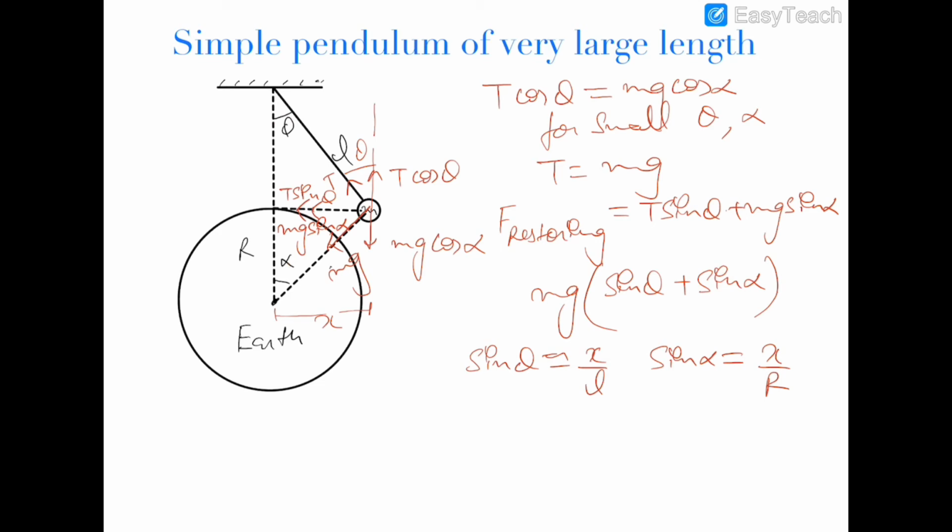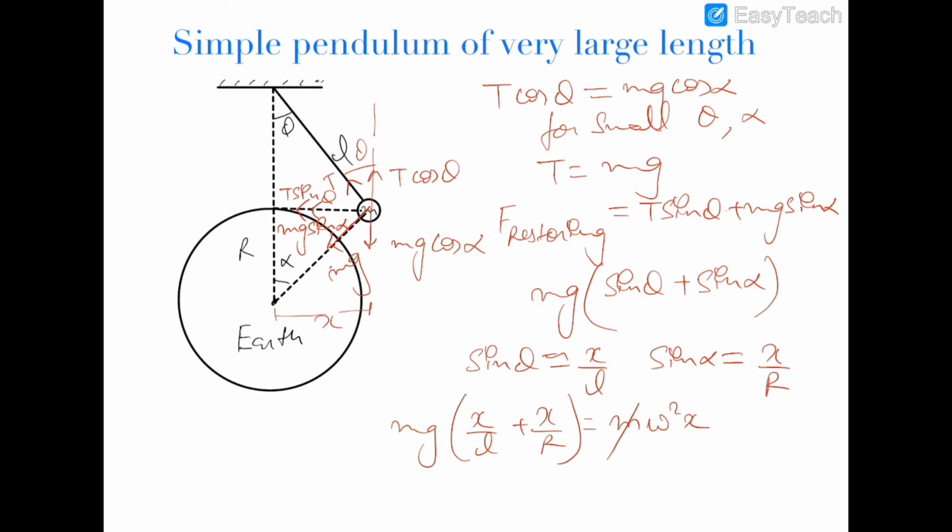So we are substituting these assumptions into the restoring force, and therefore the restoring force would be mg times (x by L plus x by r). And now restoring force is always equal to m omega square x, where x is the displacement of the particle from the mean position.